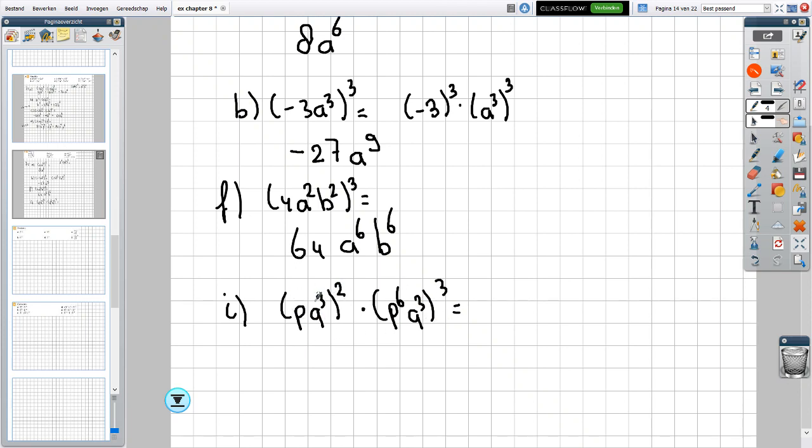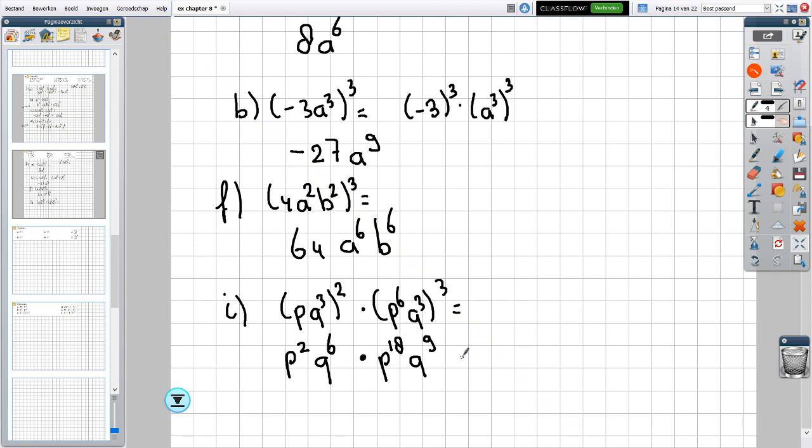P to the 6th to the third power is p to the 18th power, and q to the 6th, q to the third is q to the 9th power.